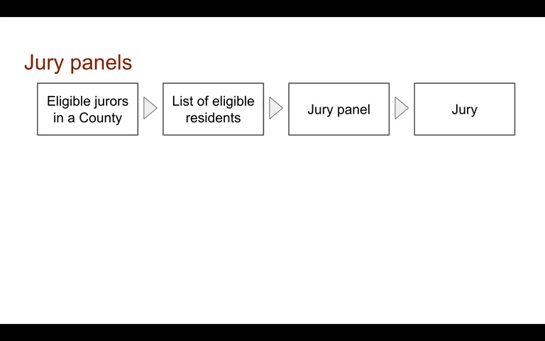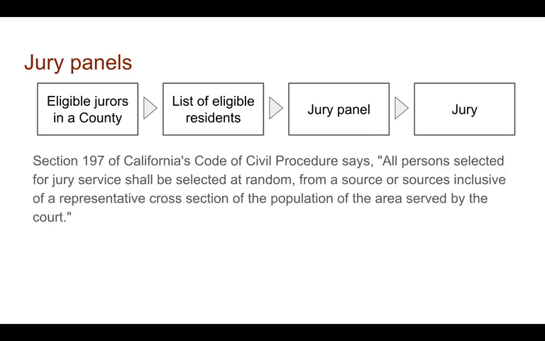Okay, and so Alameda County, or California code, basically said that the jury panel, so the thing that we're going to look at is not the jury, we're going to look at the jury panel, and the law basically said that the people who should sit on a jury panel should be representative of the population of the area served by the court.